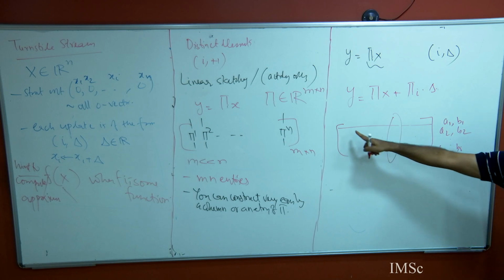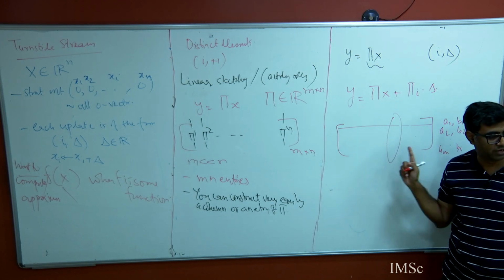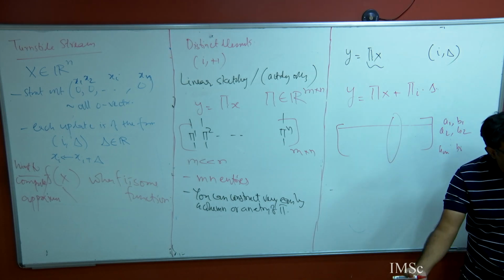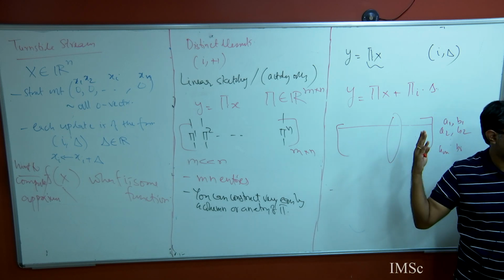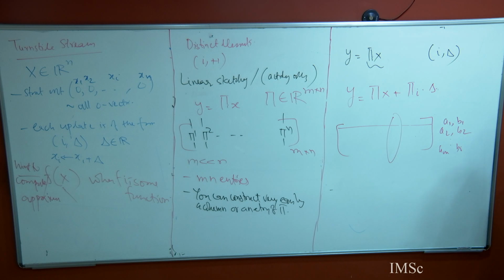Now if each of these rows is given by some 2-wise, 4-wise or 10-wise independent hash function, the amount of space to store these rows succinctly, if I use k-wise independent hash functions, is k times m times log n bits. So this is a succinct way of doing this.